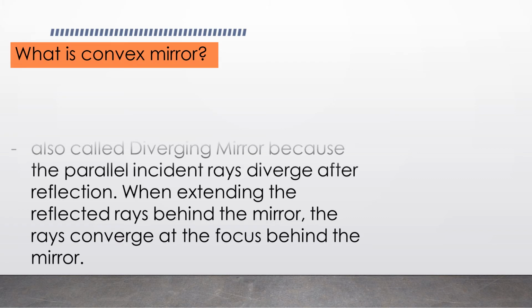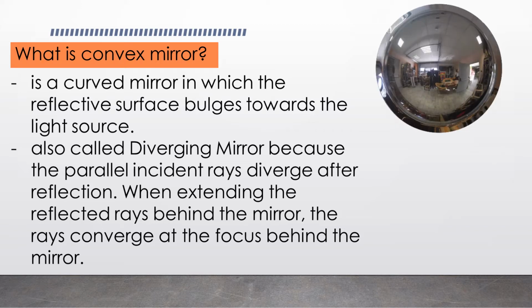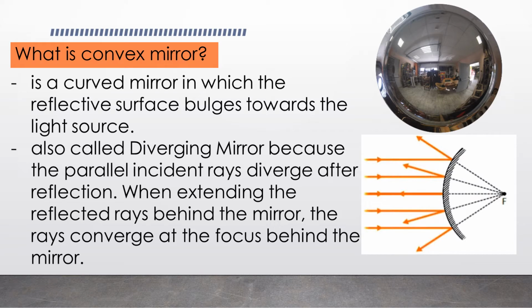And what about a convex mirror? Convex mirror is a curved mirror in which the reflective surface bulges towards the light source. It is also called diverging mirror because the parallel incident rays, as you can see on the illustration, diverge. What do you mean by diverge? They spread apart after the reflection.